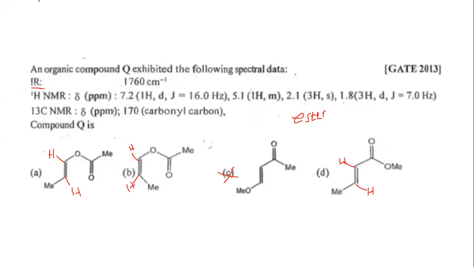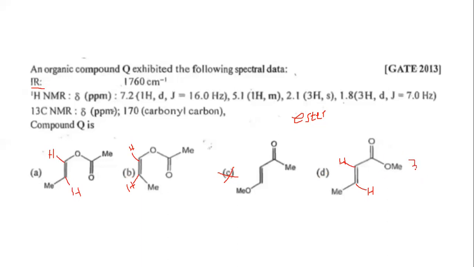If you look at the NMR data, we have 3 hydrogens at 2.1, which is a singlet. And we have a peak at 1.8 for 3 hydrogens. So in A, B, and D, we have a methyl attached to a carbonyl in A and B, and in D, we have an OMe peak.